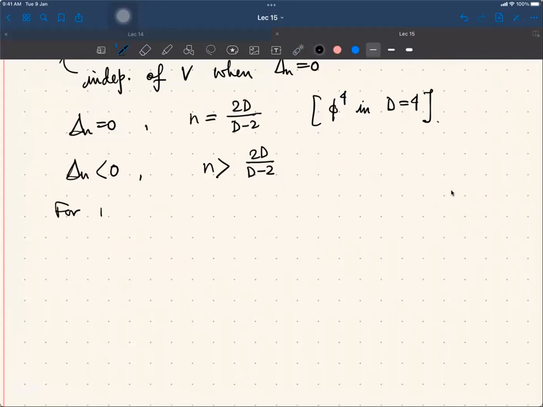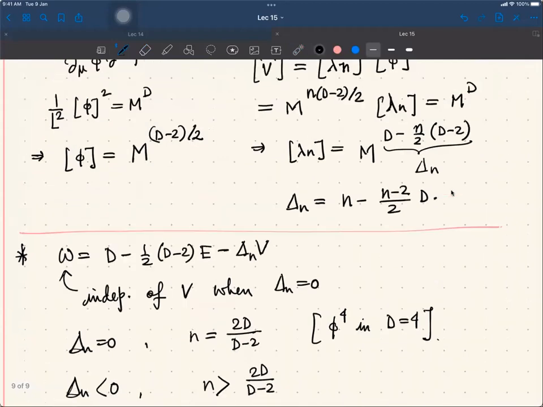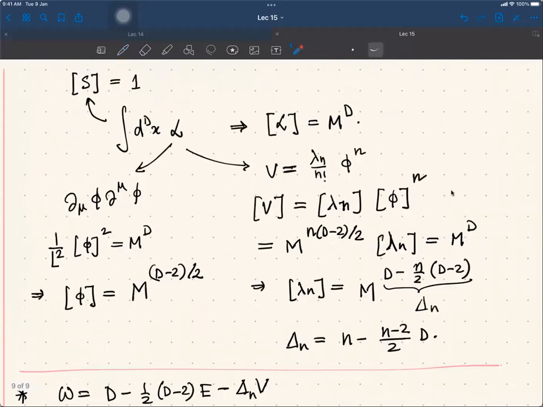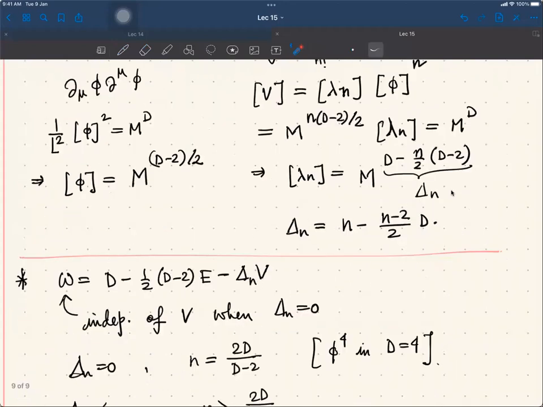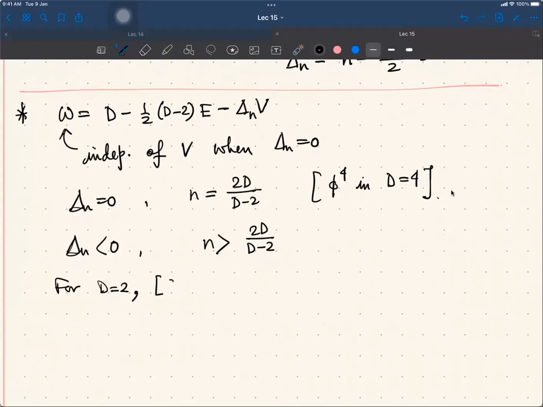For d equal to 2, you have length square here from the measure and 1 over length square from the two derivatives, and therefore phi is dimensionless. So phi is M to the power 0, which means that delta_n equal to 2 for any n greater than or equal to 3.